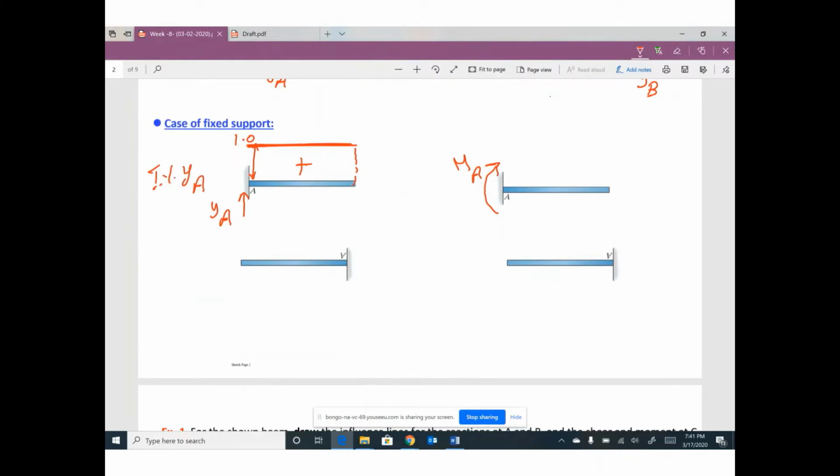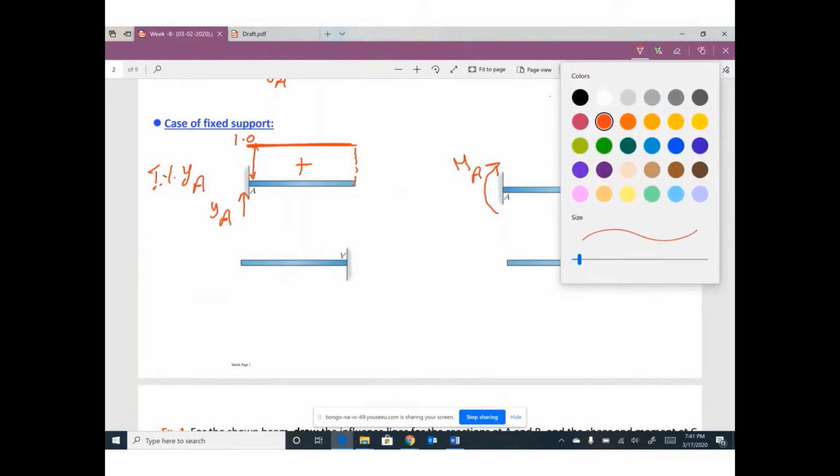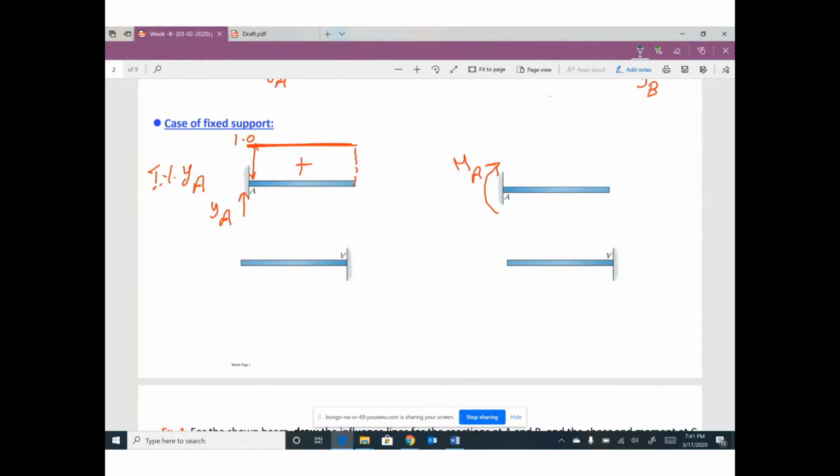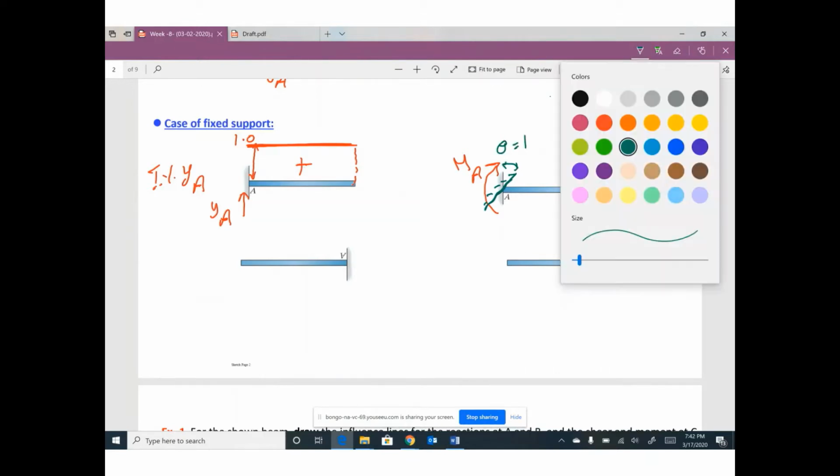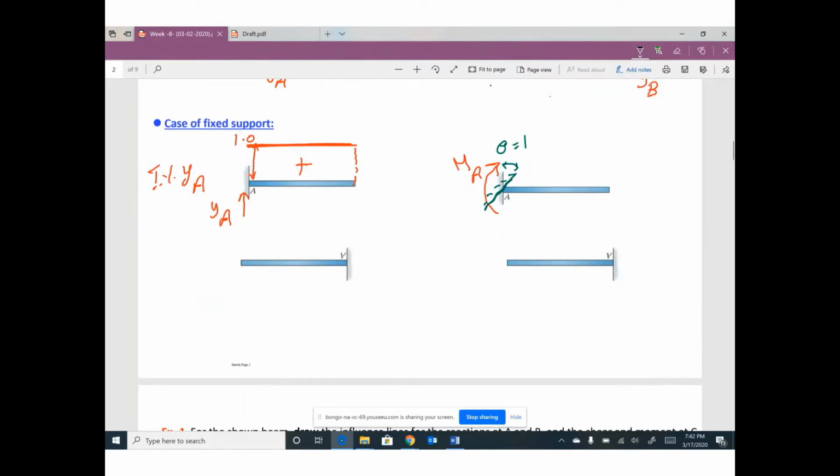If you would like to draw the influence line for moment at A, go ahead and rotate this fixed support by theta equal 1. Remember, the original shape of this fixed support looks like this. Here is the fixed support, and here is the beam.